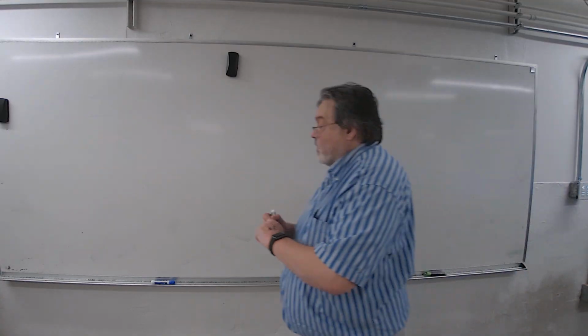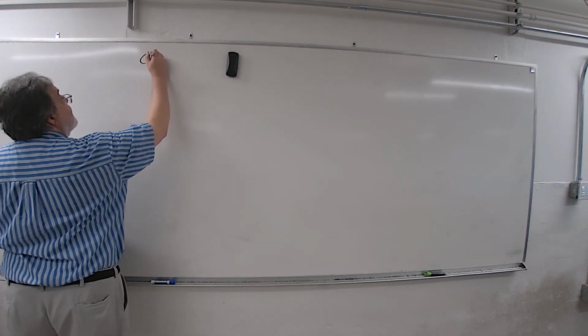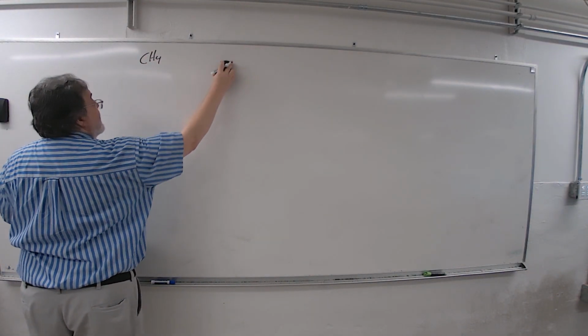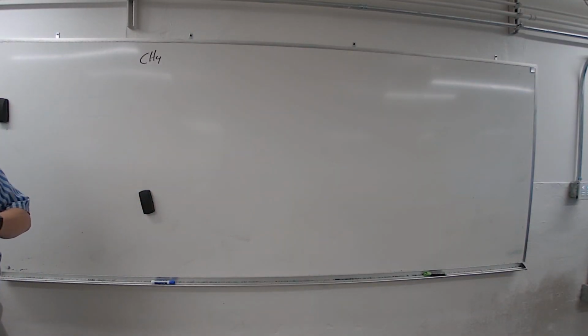All right, CH4. How many total valence electrons are here? How do you know valence electrons? You count to the left, including the atom you're looking at.